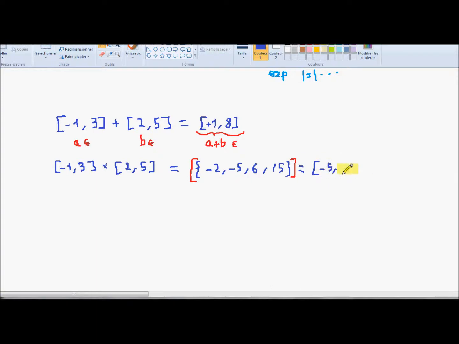So I can define the multiplication of two intervals by taking all extreme points, all lower and upper bounds, multiplying all of them, and taking the smallest interval enclosing the results. So A multiplied by B belongs to this interval.